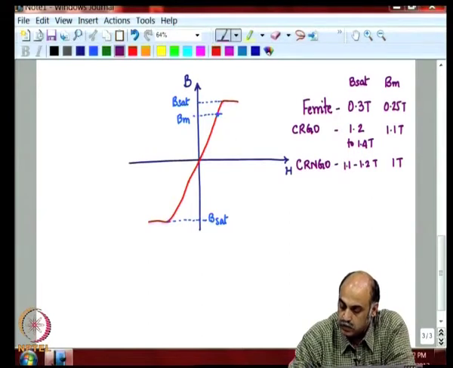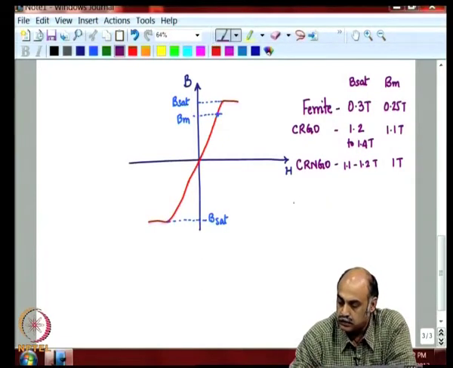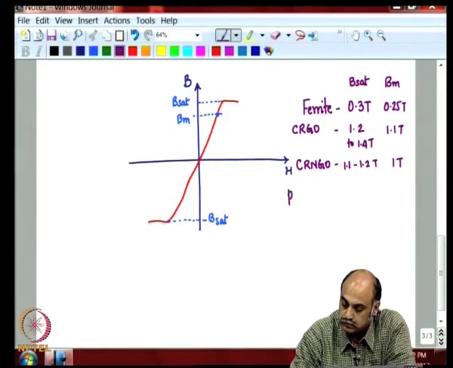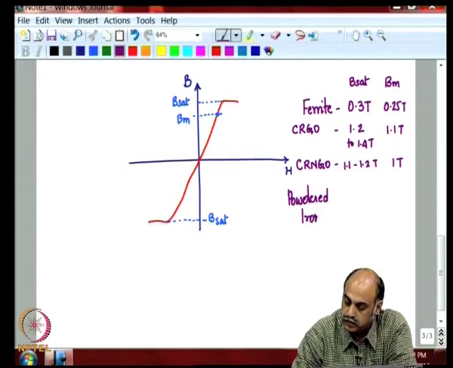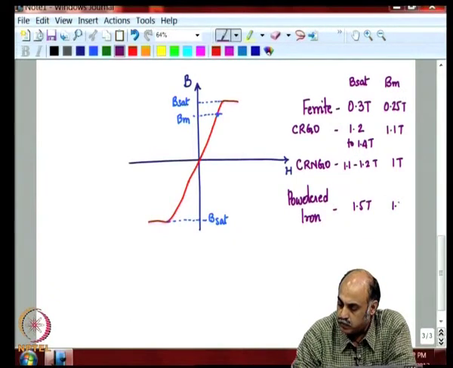Then you have a few other materials like powdered iron, around 1.5 Tesla. So, people may use up to 1.3.